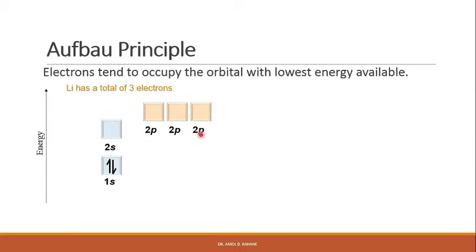That is determined by the Aufbau principle, right? The Aufbau principle tells us that electrons tend to occupy the orbital with the lowest energy available. So in the case of lithium we have 2s and three 2p orbitals, and the third electron will prefer to go into the 2s orbital, which is lower in energy than the 2p orbitals.